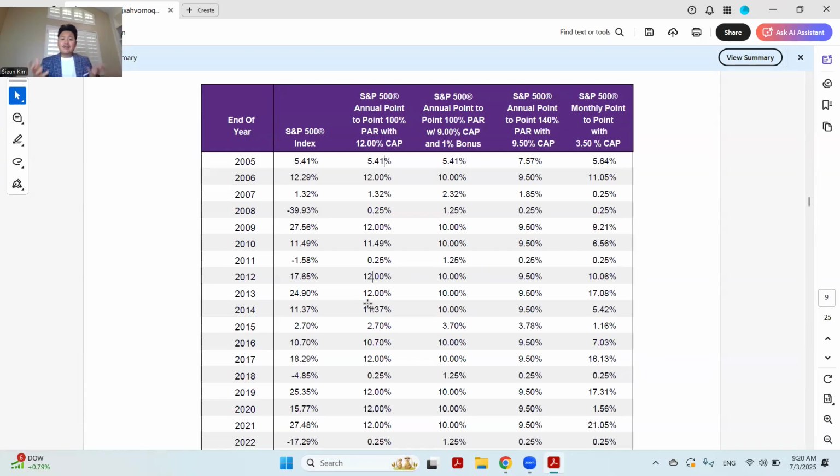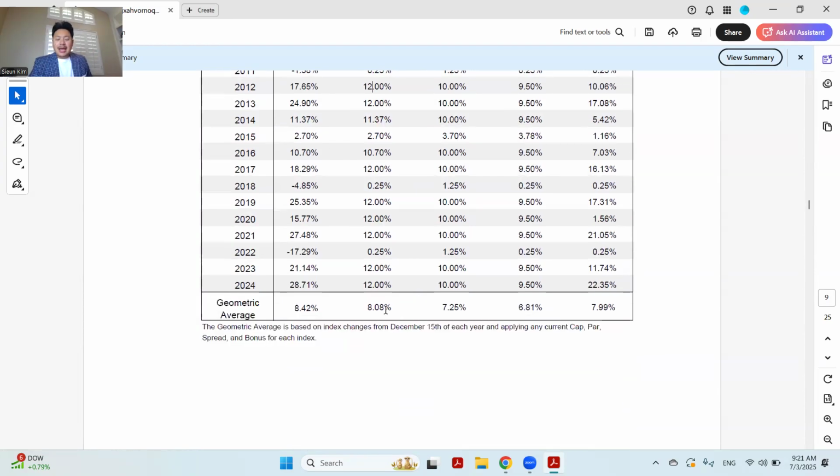It's just more of a safer product than putting your money directly into the stock market. And even with the 12% cap, it averaged 8.08%. So to me, it makes sense because for a difference of less than 0.5%, you have a safer investment vehicle that also is tax-free.